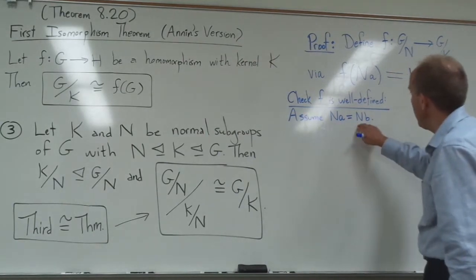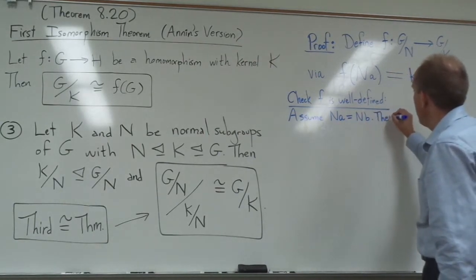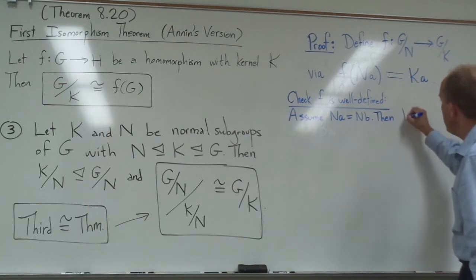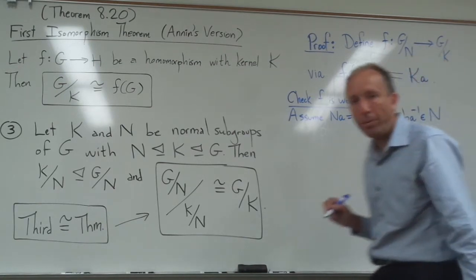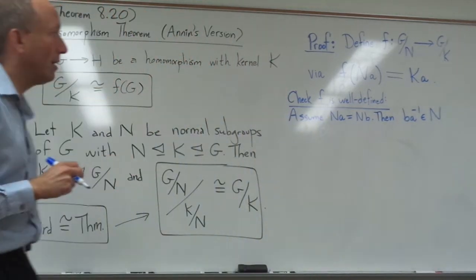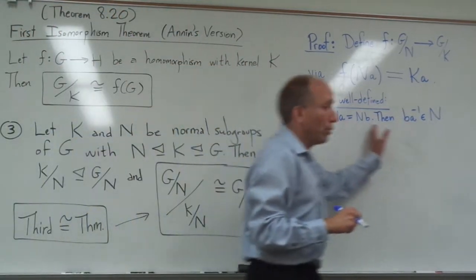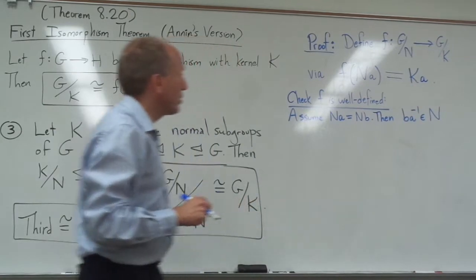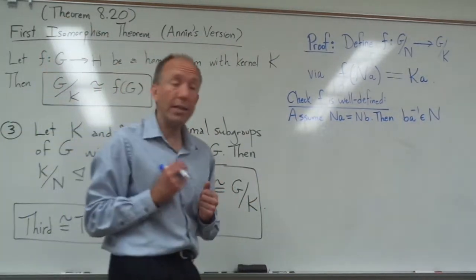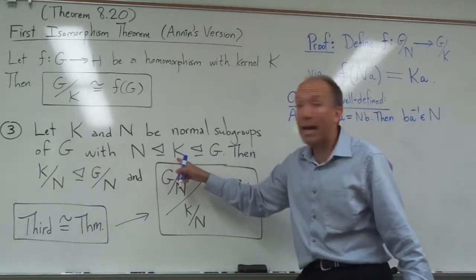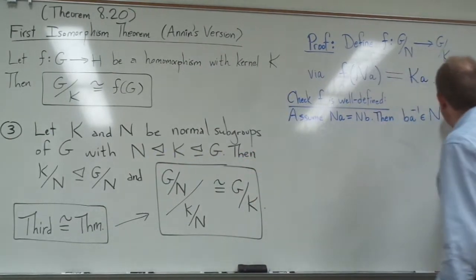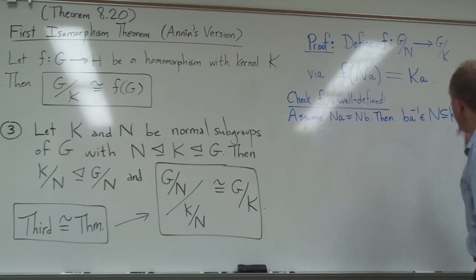Let's assume that Na is equal to Nb. Then you may remember that we can move the a inverse over to the other side and write an element relationship like that: ba inverse is an element of N. This comes from our earlier material when we were first looking at equality of cosets. Okay. However, notice that N is inside of K, right? So N is actually inside of K right here.